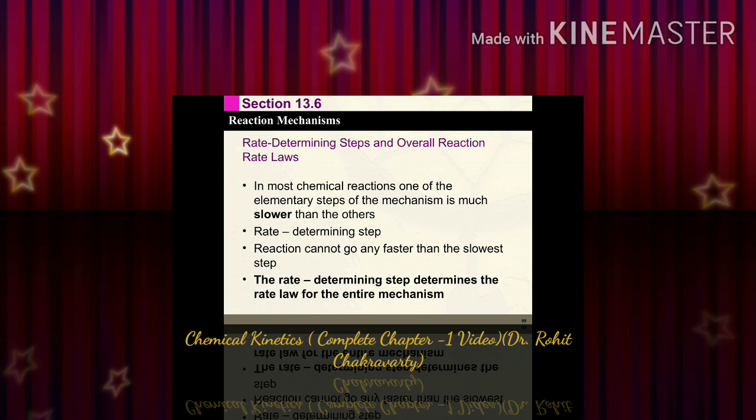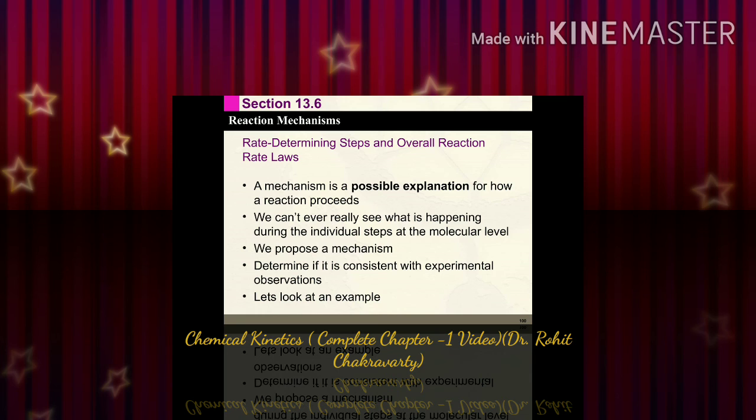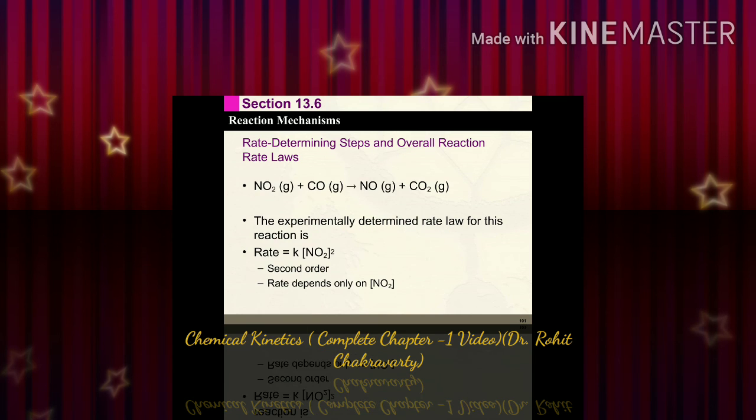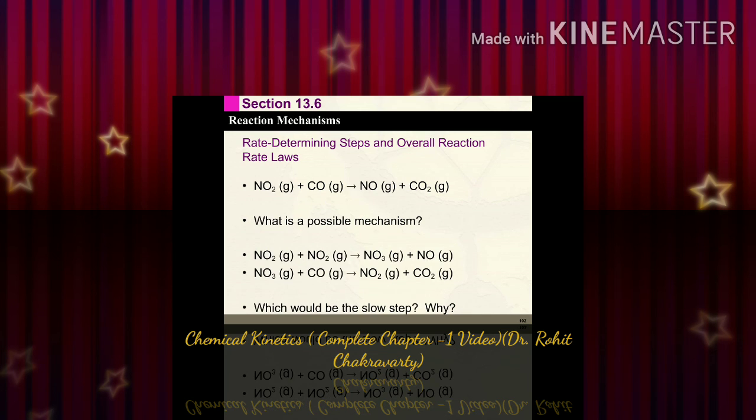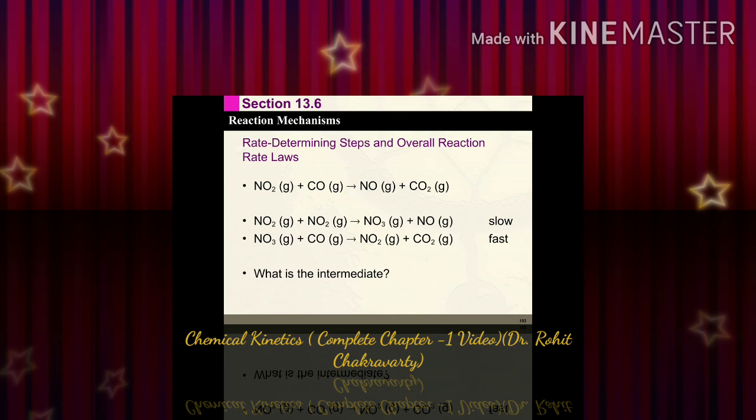Determining the rate steps, overall reaction rate law, and how we can determine the mechanism for the reaction. Through this we can easily learn the basic concepts of chemical kinetics and the reaction mechanism.